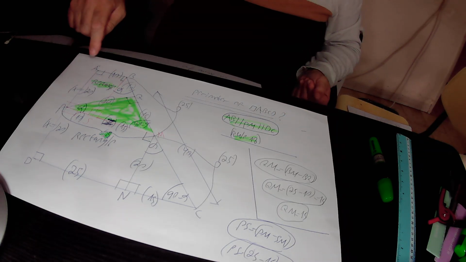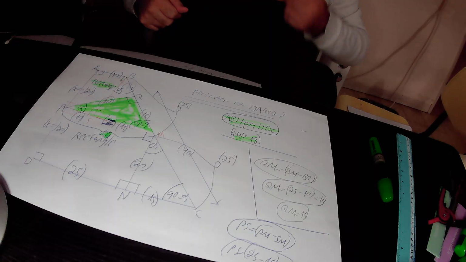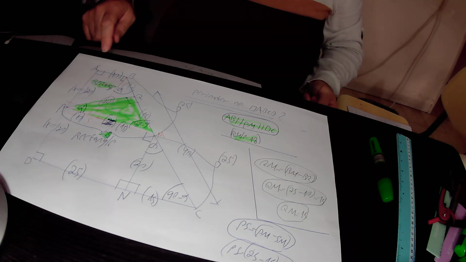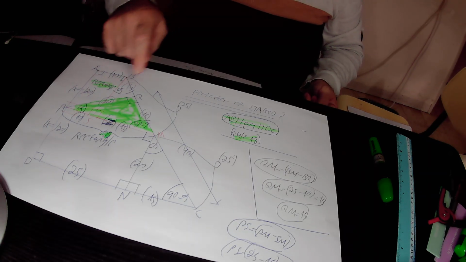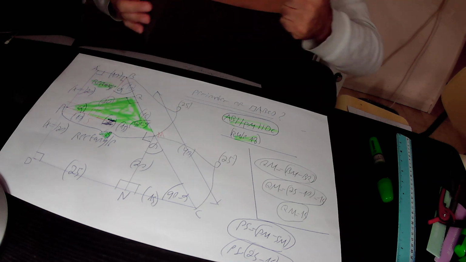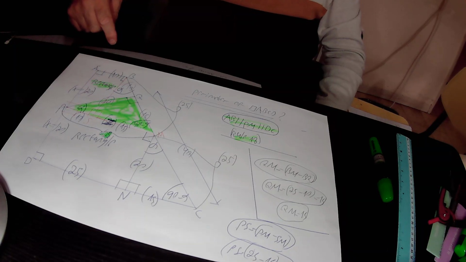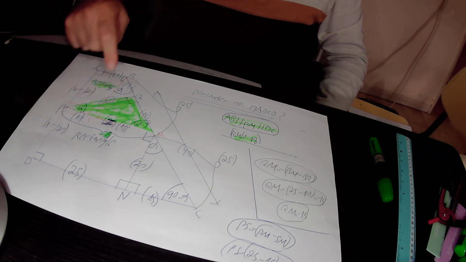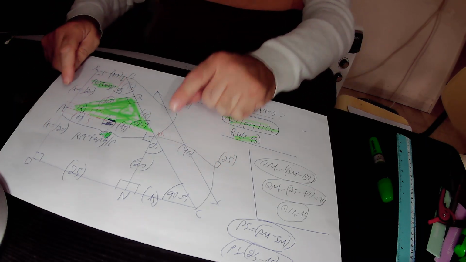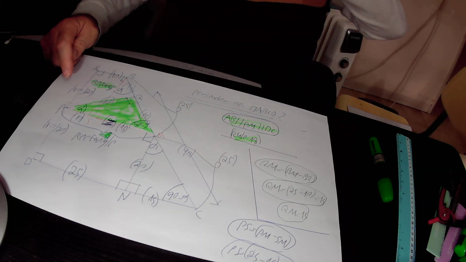So we have here trapezoid ABCD. The two parallel sides, that is to say AB and DC, are defined as the bases of this trapezoid, while the other two sides that are not parallel to each other, that is to say AD and BC, are defined as the legs of this trapezoid ABCD.